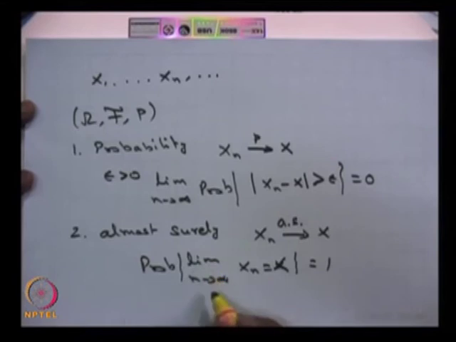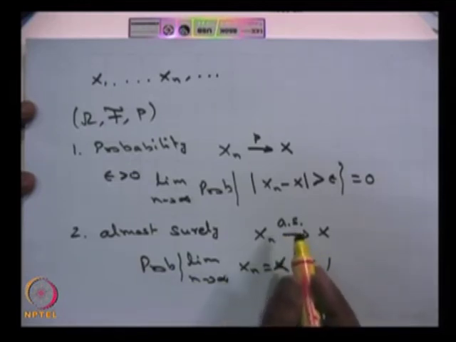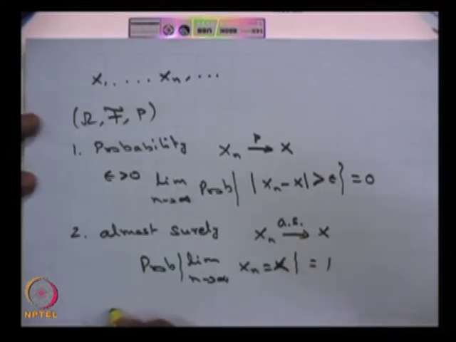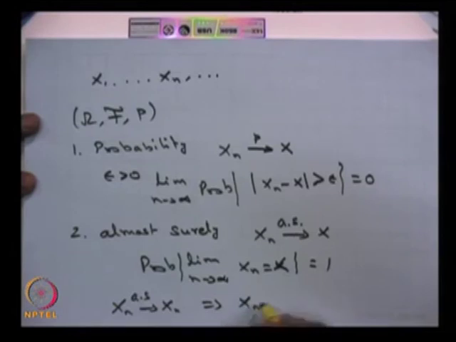First you find the event for which, as n tends to infinity, Xn takes the value X. You collect those outcomes, and if that event's probability is 1, then we say it is almost sure convergence. If a sequence of random variables converges almost surely, that implies Xn converges to X in probability also.